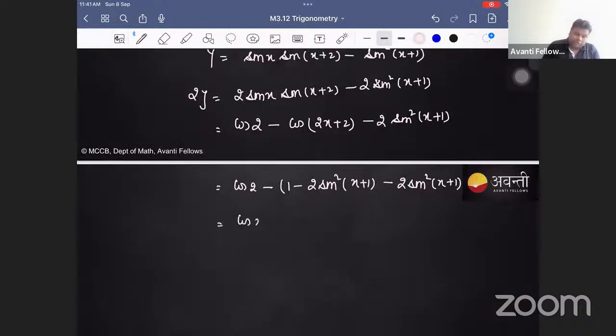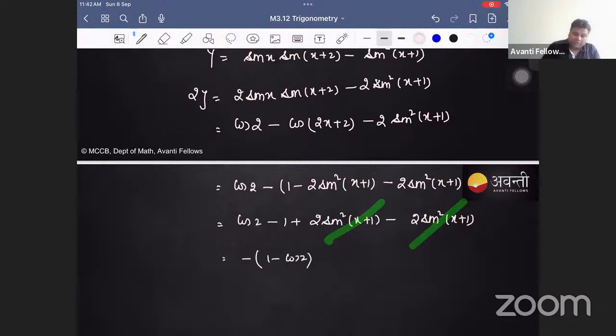So it is cos 2 minus 1 plus 2 sin square x plus 1 minus 2 sin square x plus 1. And out of surprise, these two terms cancel. So you are left with minus of 1 minus cos 2, which we can write 2 sin square 1.